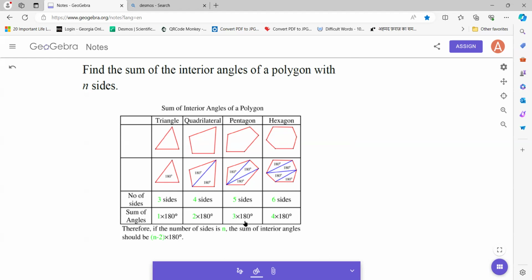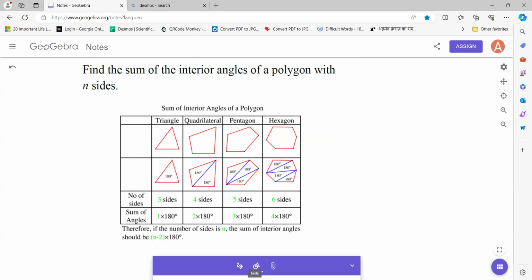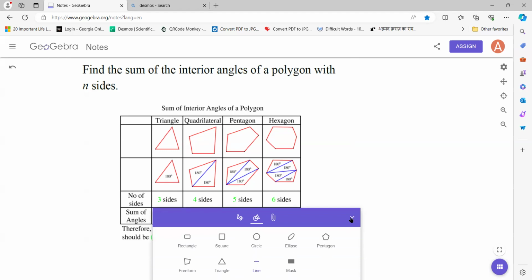So the answer should be 3 times 180. If you have a hexagon, you could cut it up into four triangles. I know I cut it up a little differently here, but you can cut it up as follows as well. You can say, I'm going to cut it up like this.